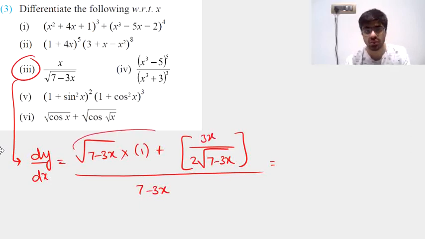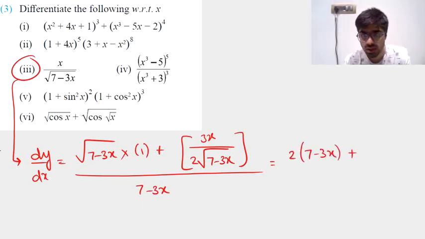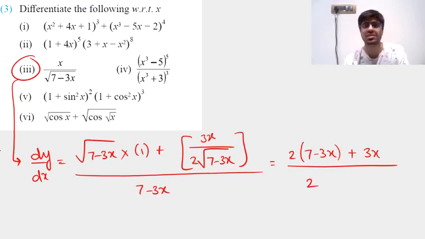And now we can club the two terms by taking the LCM. So you are going to have 2 into (7 − 3x) plus 3x, the whole divided by, this thing comes in the denominator with this, so it's 2 times root (7 − 3x) into (7 − 3x), you can consider it as (7 − 3x) to the power 3 by 2. Why does that happen? I'll tell you.